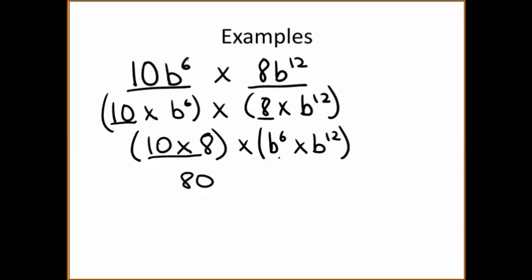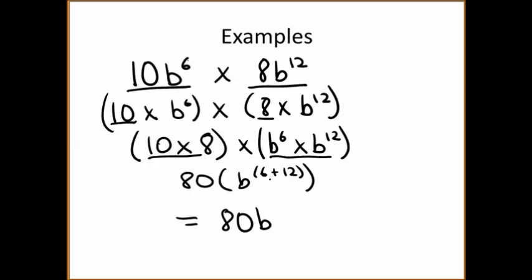And second of all, when we have b to the power of 6 multiplied by b to the power of 12, in order to multiply these together, we can add their indices. So it's b to the power of 6 plus 12. That gives us our final answer of 80b to the power of 6 plus 12, which is 18.